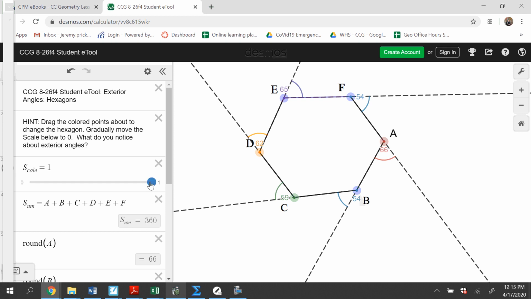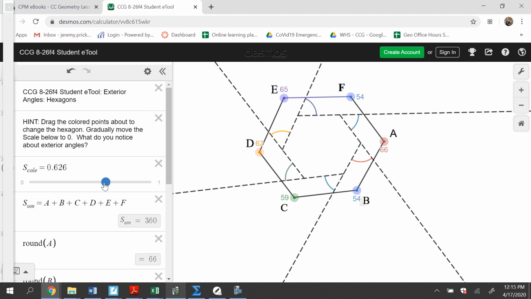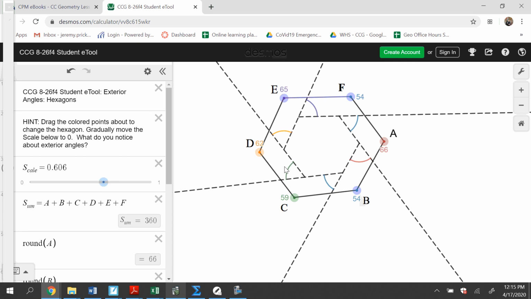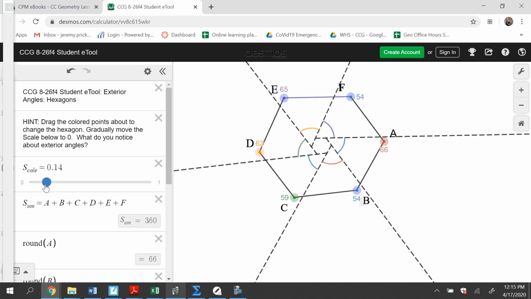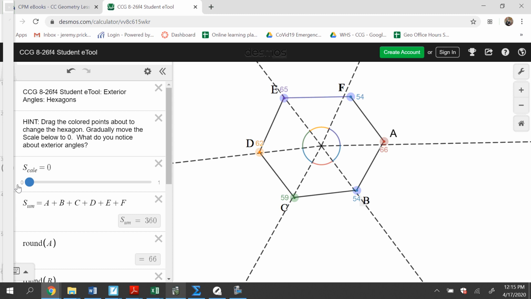Now I can change the shape, I can change how big it is too, and it keeps those angles the same. So that's still 59, that's still the orange 62. And if I bring this shape together, it keeps the exteriors all the same. What happens is those angles all come together to form a circle if I just make it infinitesimally small.